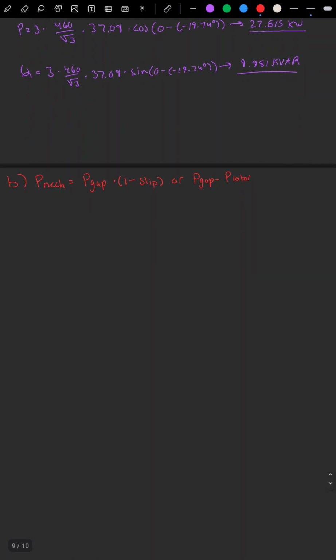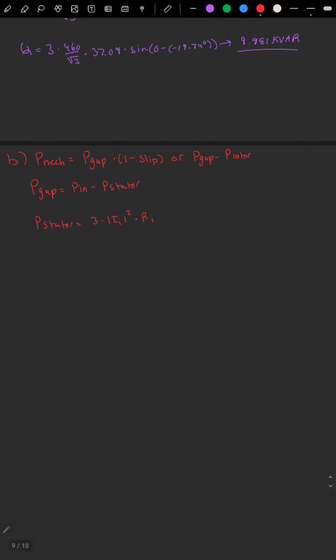So P gap is going to equal P in minus P stator, where we have to find P stator, which is going to equal 3 multiplied by I1 squared multiplied by R1.